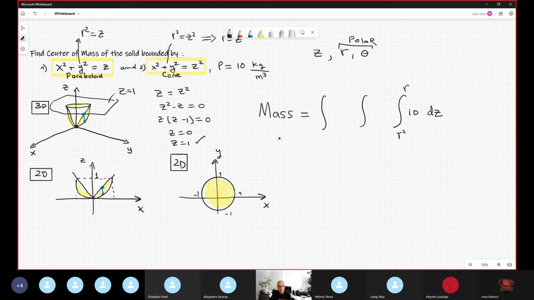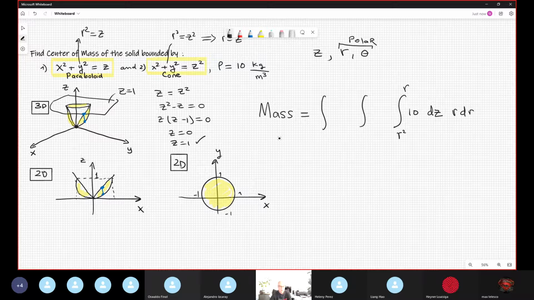Yes or no? The rest is easy. The rest is elementary. The rest is the Jacobian, que es R dR dtheta.